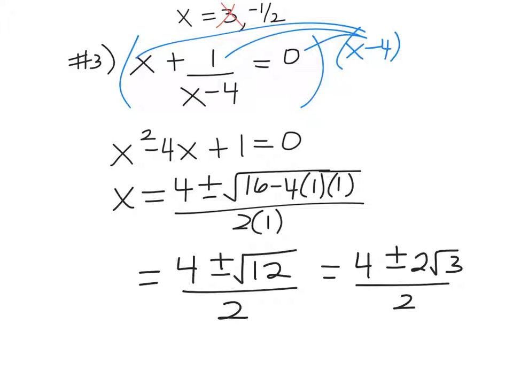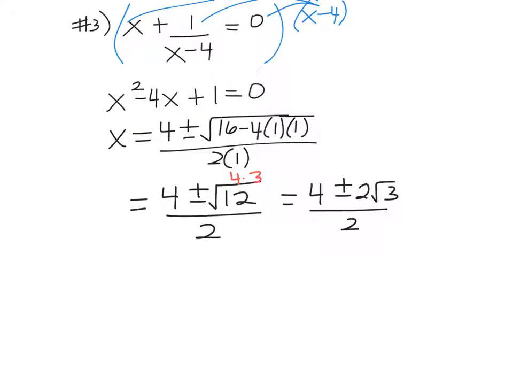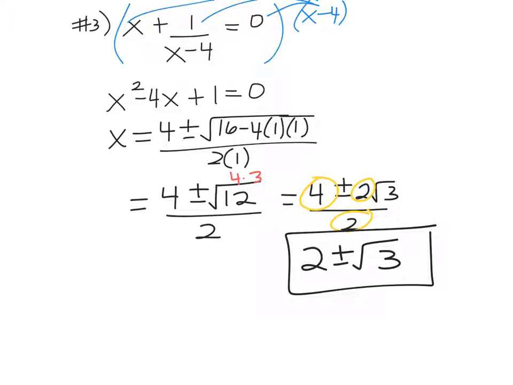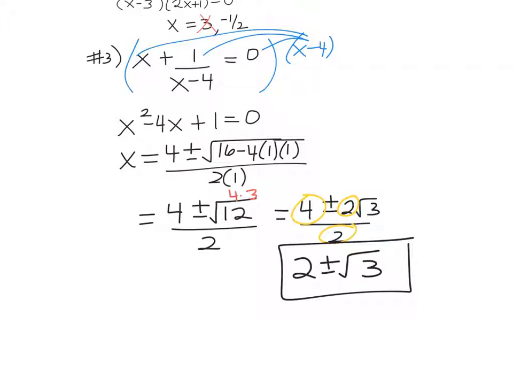Because remember, 12 is 4 times 3, and then you take the square root of 4, you get 2 rad 3. And then you can reduce everybody by 2. All 3 of these are reducible by 2, so you divide and you get 2 plus or minus rad 3. Those are your 2 answers. And then check, extraneous. The only extraneous solution would have been 4. Had we gotten 4, that would be extraneous.